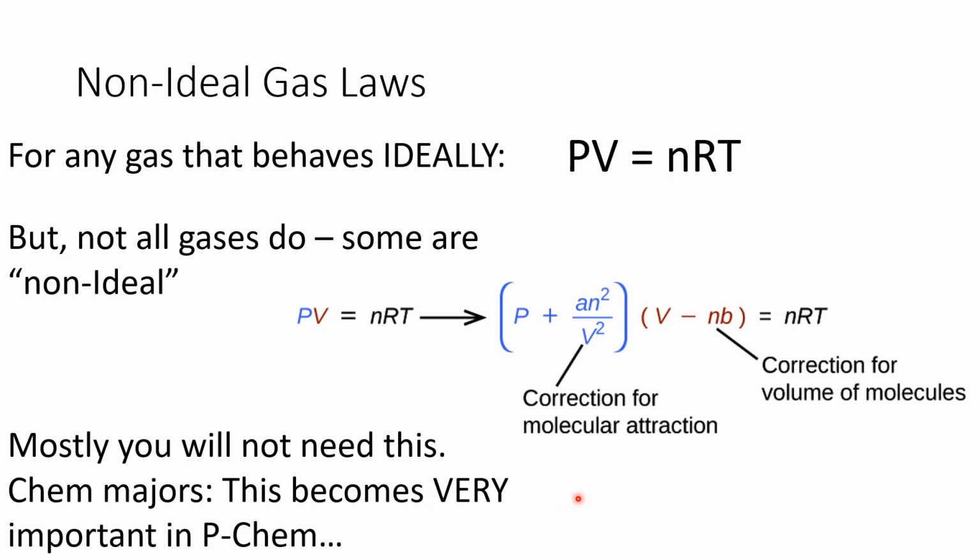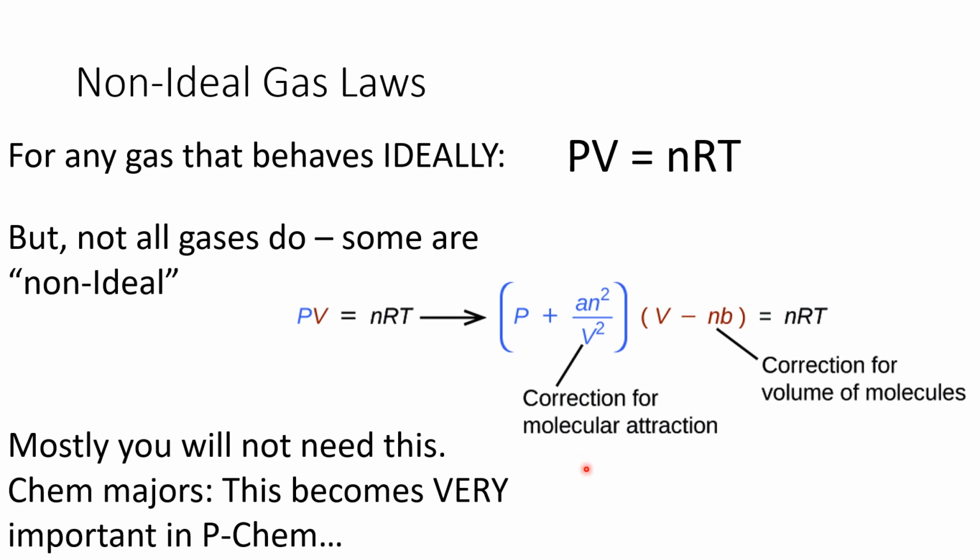Now, it is almost all the things. My chemistry majors need to pay attention to this. For everybody else, unless you're maybe some of the chemical related engineering majors, or maybe aerospace engineering, this would probably be important. But my chemistry majors, it's going to be important for you in a course called physical chemistry.